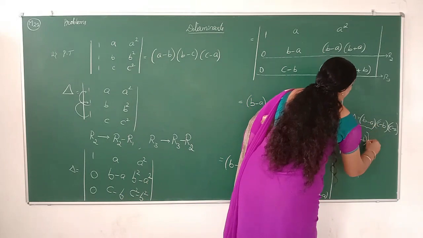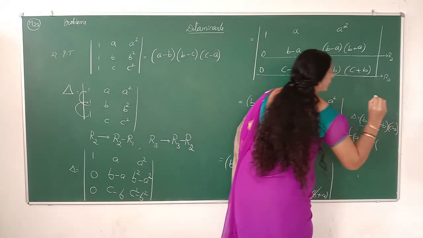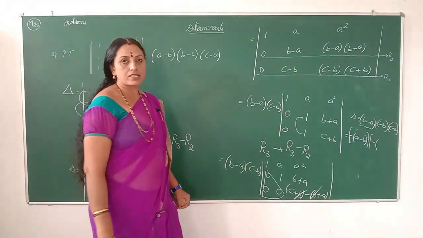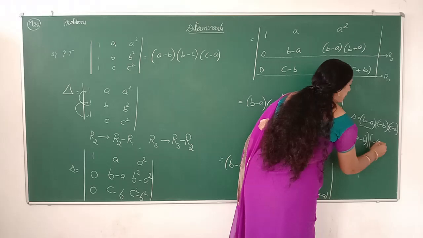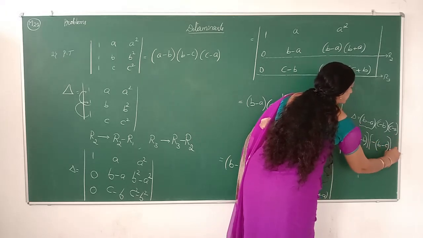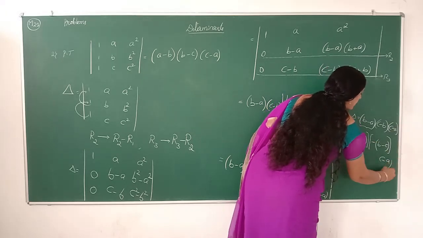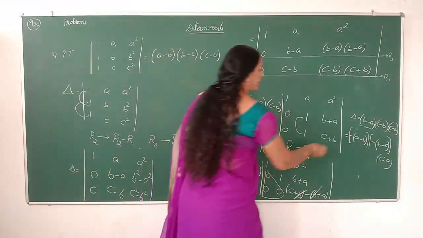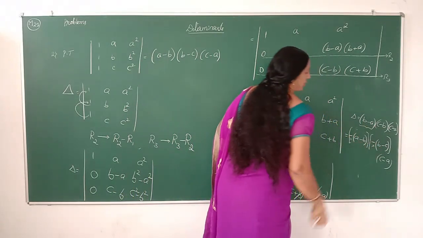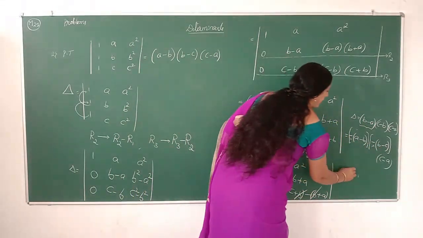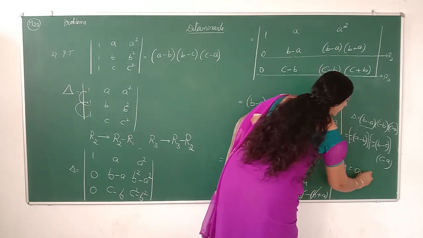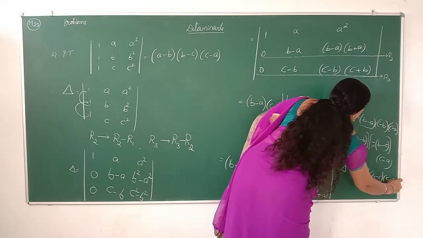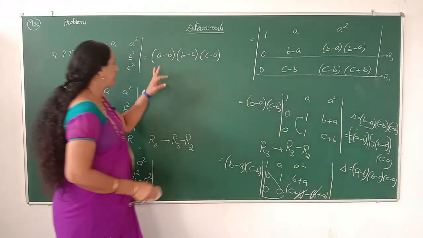So again we take minus 1 as a common factor from the second group: c minus b is minus of b minus c. The remaining factor, c minus a, is directly represented in the RHS. Then these minus signs are multiplied with each other; minus into minus is plus. Therefore, delta is a minus b into b minus c into c minus a. That is the RHS.